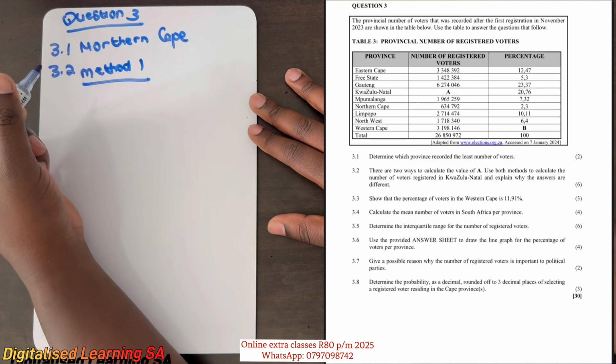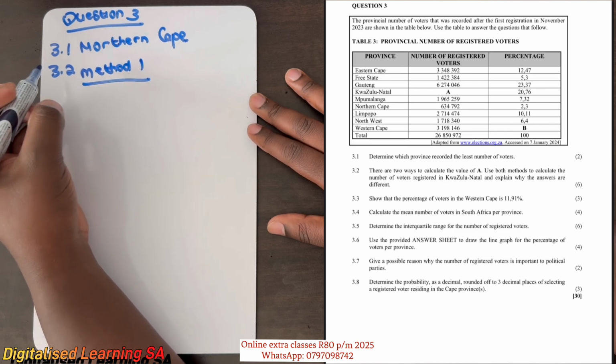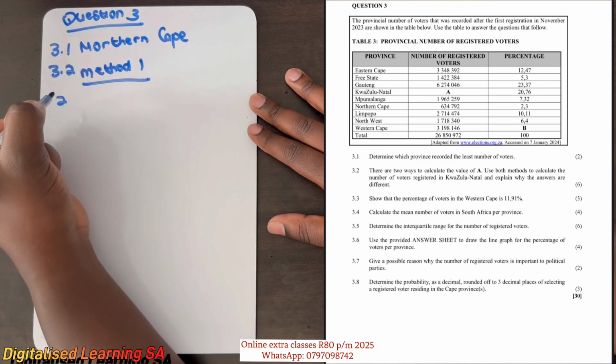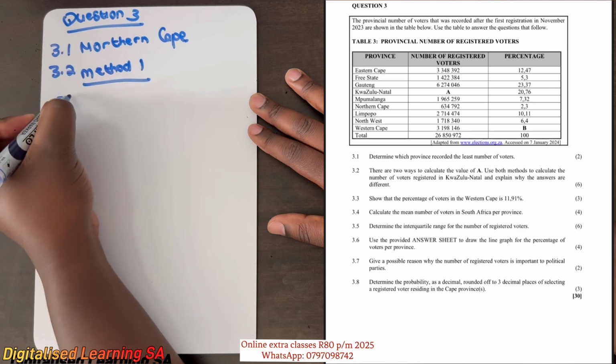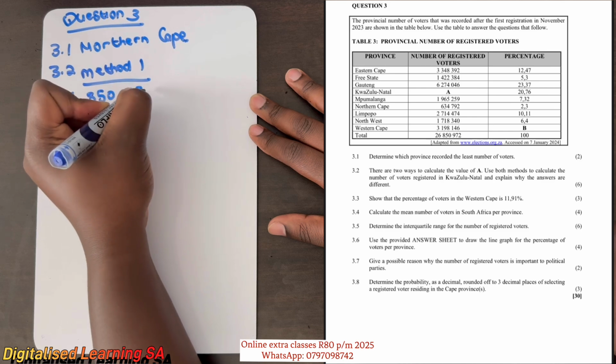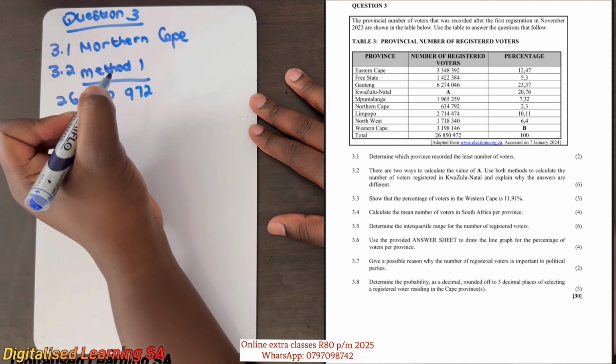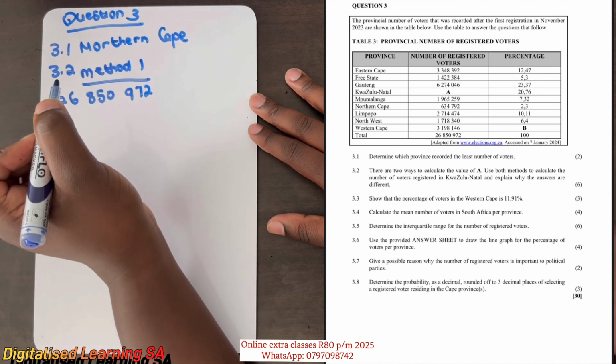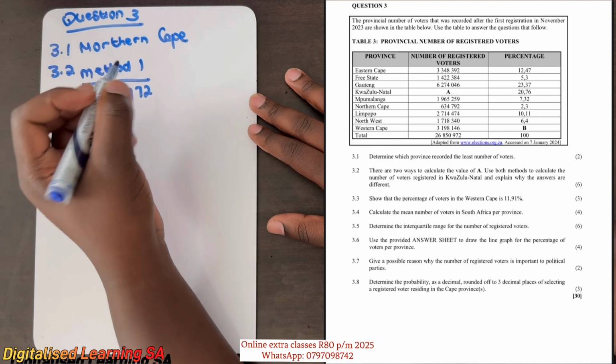So for method 1, we take the total. Remember, we are given the total. So if you look at the table, you will see that our total is 26,850,972. So we are also given the percentage of KwaZulu-Natal, which is 20.76.